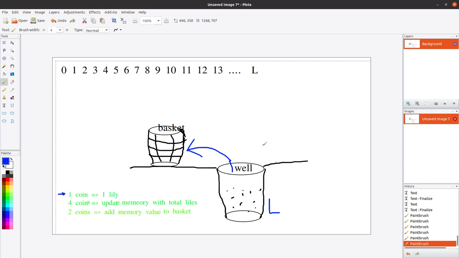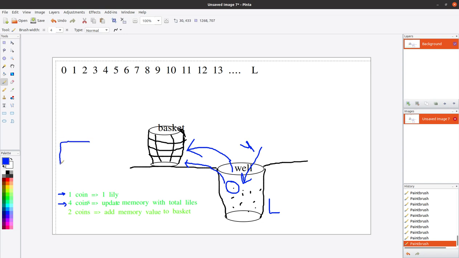The first one is we can toss one coin to the well, and by doing this we can get one lily from the well to the basket. Or we can toss four coins into the well, and by doing this we will update the memory with the total number of lilies collected so far.